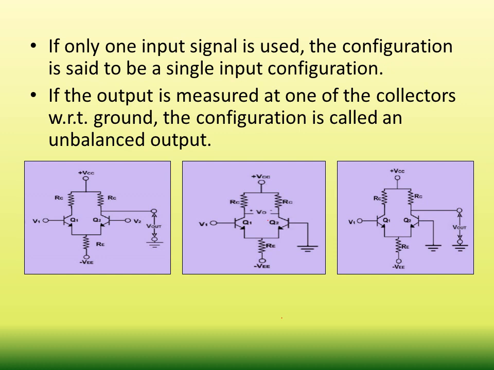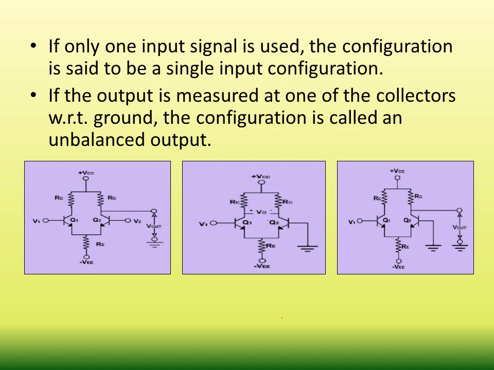In the first figure, it is clearly seen that input is provided at both the two ends and output is obtained from only one of the collectors. In the second, input is provided at only one end and the other end is grounded, but output is obtained through both the collectors.